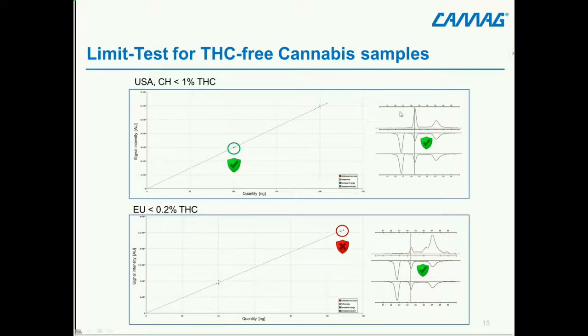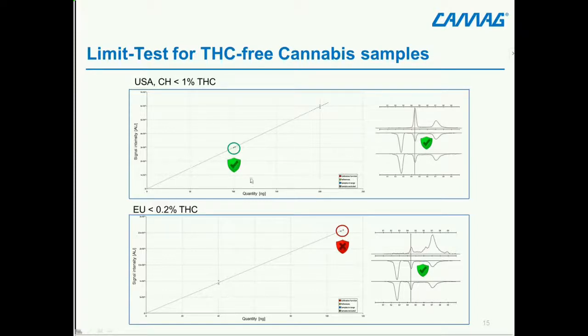On the right side, you have the stack view from VisionCATS, where you can confirm that the target compound has the same RF value for the standard and for the sample. So that's the case here, and that's the case here. But here the limit is set to 1%, here the limit is set to 0.2%.